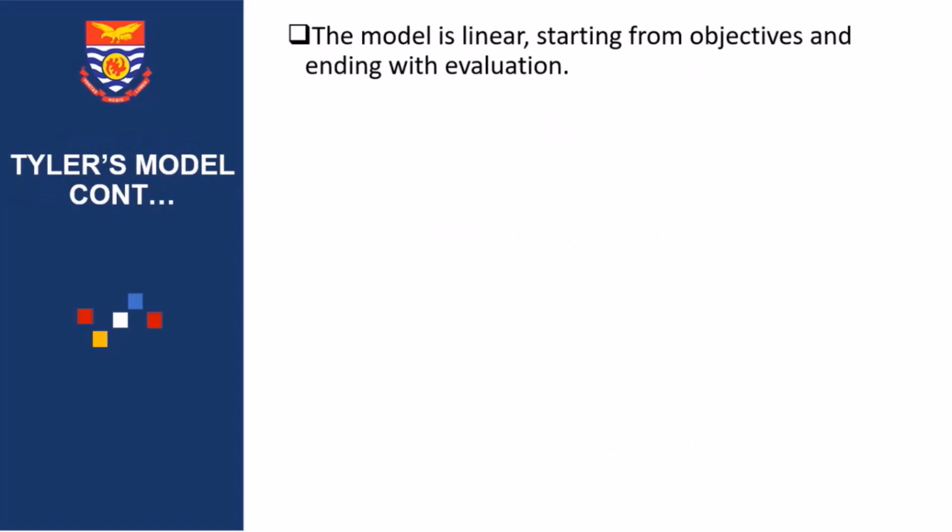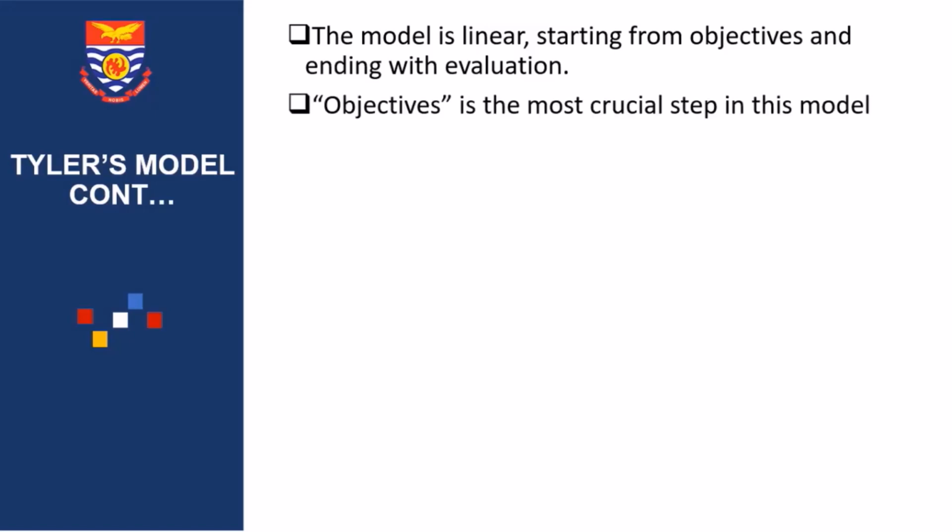From his model, we can see that the model is a linear one. It starts from objectives and ends with evaluation, so it's linear in nature. And objectives is the most crucial step in his model. He stressed objectives because, according to him, it is from the objectives that the other steps are taken.